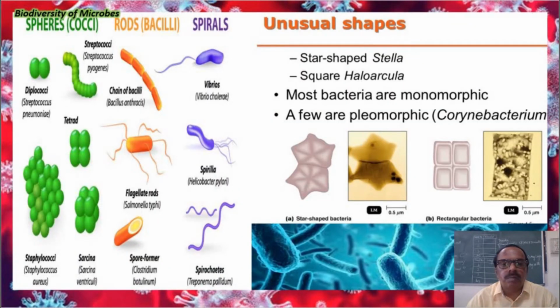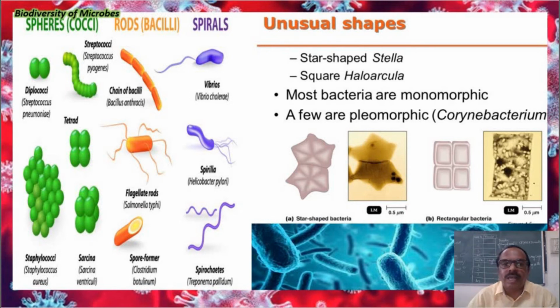Coming to the bacteria, the other group of microorganisms coming under the diversity of microbes. Bacteria are classified mainly based on the shape. They may be cocci, they may be rod shaped, they may be comma shaped, where they are called Vibrio, they may be spirilla, where they are spiral shaped, and they may have a single flagellum, they may not have a flagellum, or there may be many flagella.